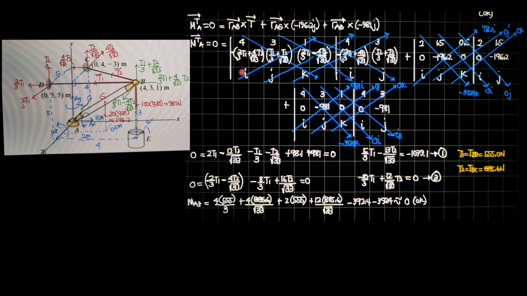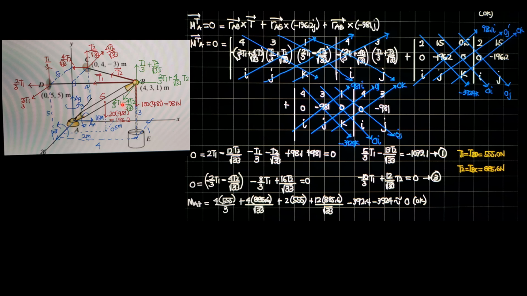So that's why we have for the position vector RAB, 4 minus 0, so 4, 3, 1. Then for the x component of tension, negative 2/3 T1 plus 4 over square root of 33 T2. For the y component, T1 over 3 plus T2 over square root of 33.